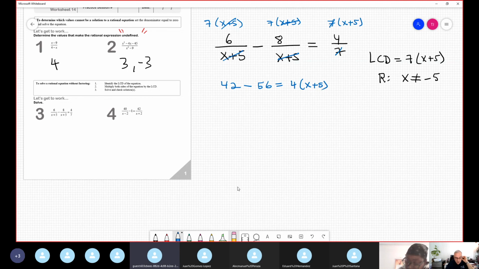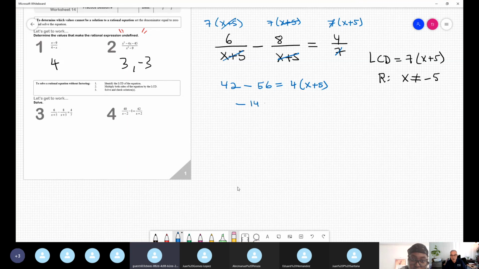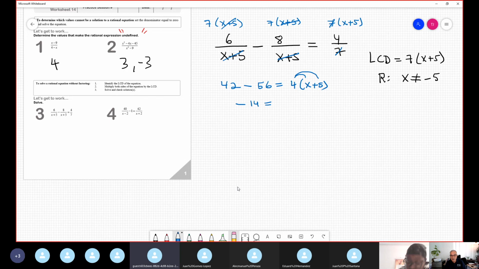And this is my new equation, which is always easier than the original. So 42 minus 56, I put in the calculator, is -14. And -14 is equal to, you distribute the property here, why not, 4x plus 20. You solve for x: -14 minus 20 equals 4x. And it's -34 equals 4x. Now finally divide by 4 both sides.